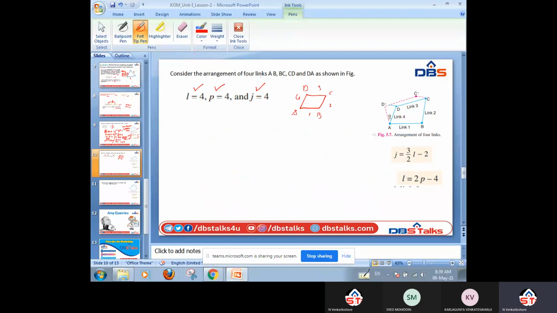Then go for the relation L is equal to 2P minus 4. How many links? 4. How many pairs? 4.